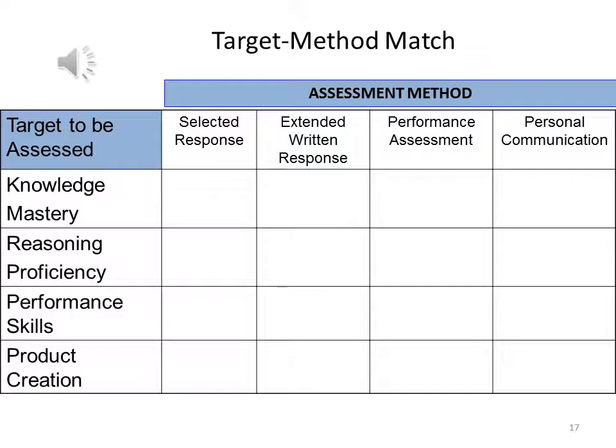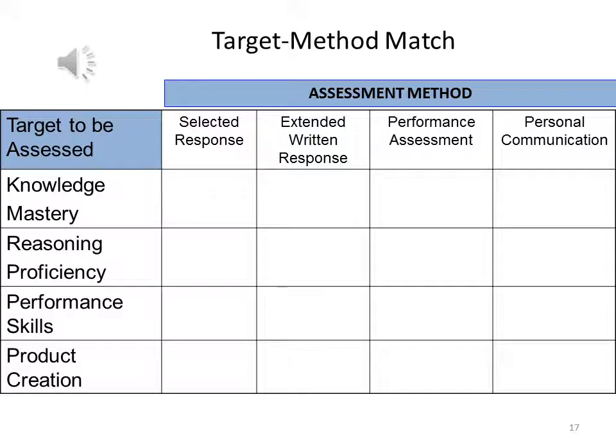This is a simple grid that helps us to do the target method match. Our targets are down the left side: knowledge, reasoning, performance, and skills. And across the top are the assessment types: selected response, extended written, performance, and personal communication. Again, there are many, many types of assessments, but for the target method match, they focus on these 4.